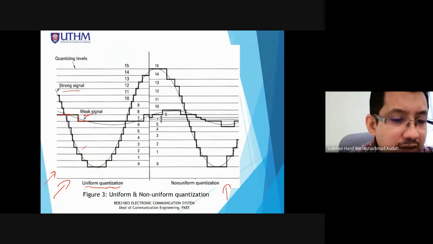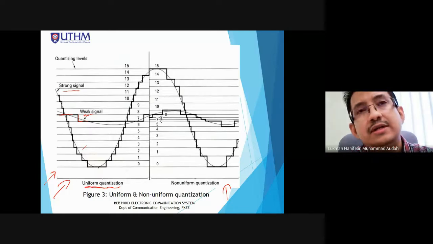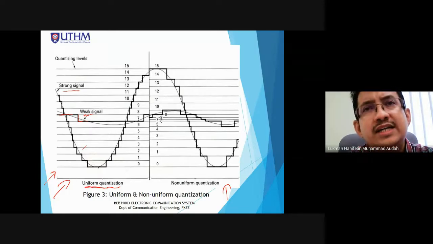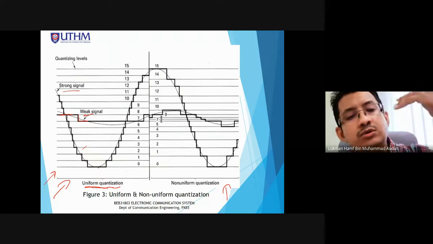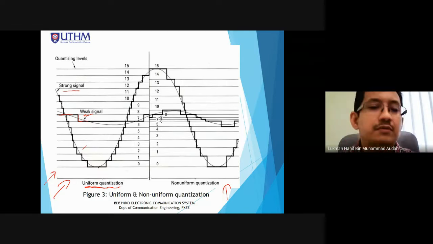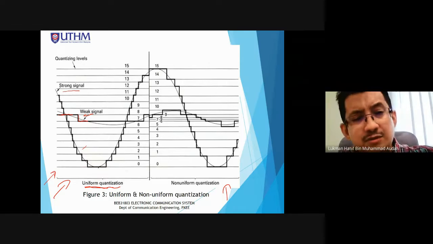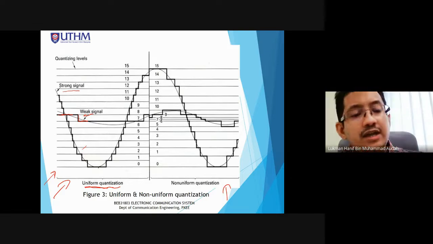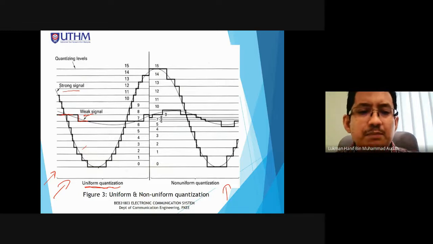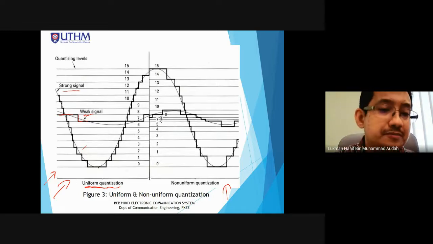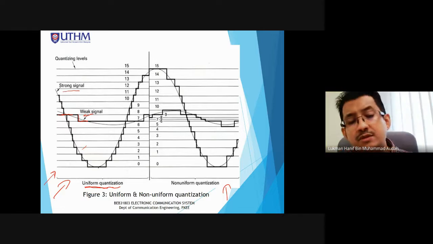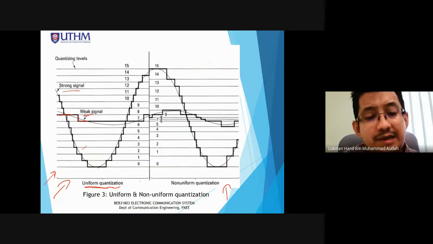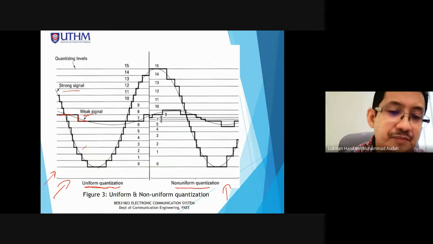Kerana apa? Untuk uniform quantization, kita menggunakan standard yang sama untuk semua jenis input. Whatever the input is, we use the same standard, which is not good. Kita mungkin ada strong signal, mungkin ada weak signal, so ada kepelbagaian dari segi input. Okay, so that's why diperkenalkan tentang non-uniform quantization.